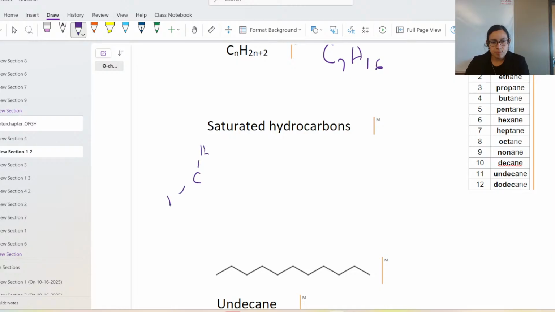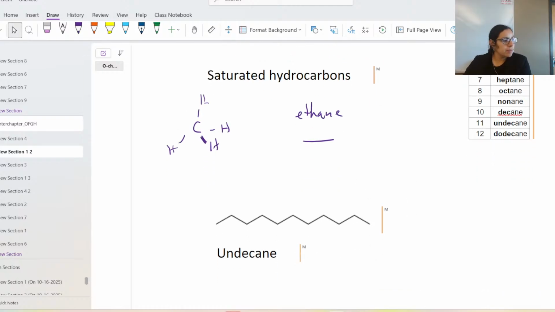CH4. So our simplest hydrocarbon. And then ethane would be 2. And ethane you could even draw as just a little line like so. So that'd be 2 carbons. And then propane.